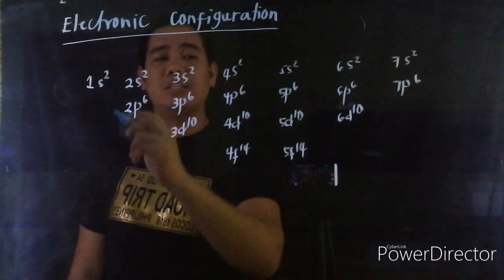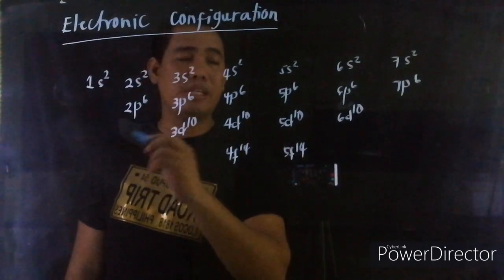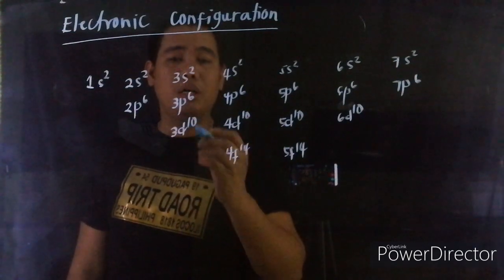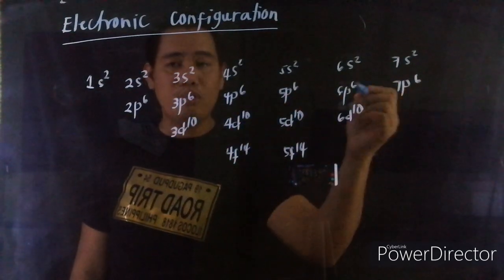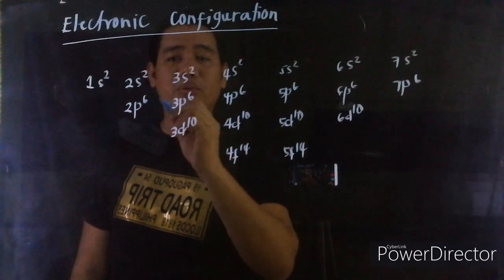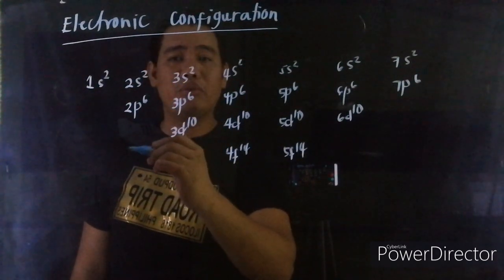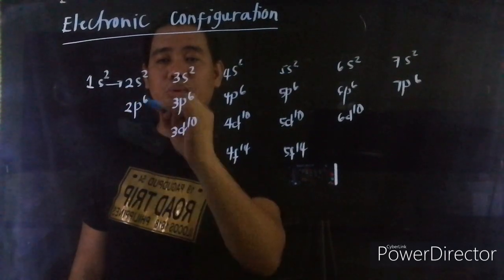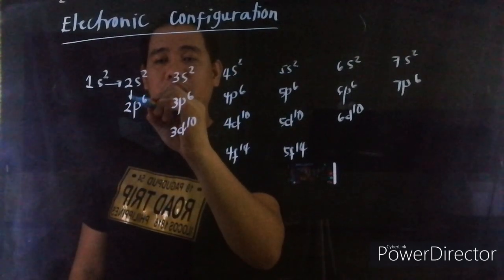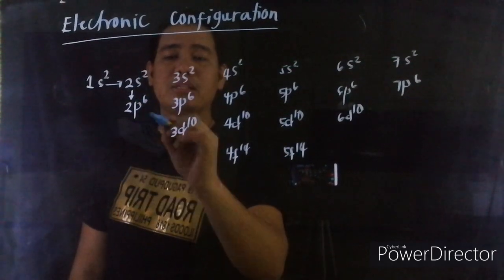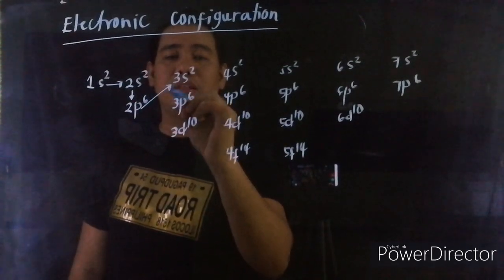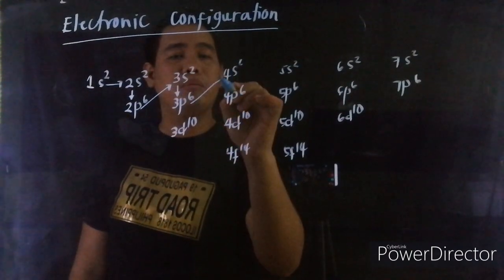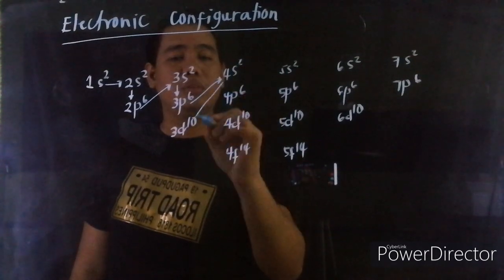Okay? So now, what is the flow of this electronic configuration? Can we just write this one according to this flow? So we need to follow the flow of electrons for every subshell. Okay? So we have 1s2 going to 2s2. If that one is filled and you need to write more, you go to 2p6. Then after that, 3s2. Then after 3s2, 3p6. Then 4s2 before you go to 3d10.